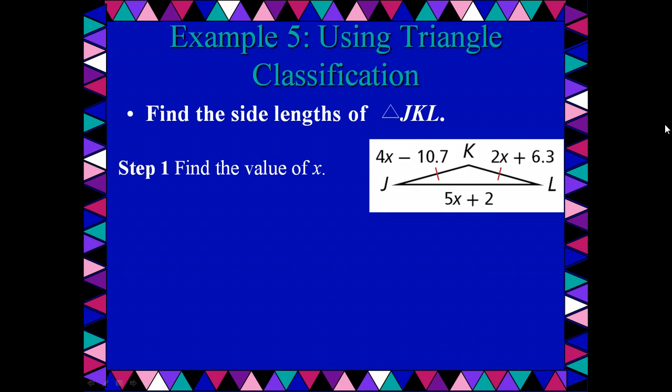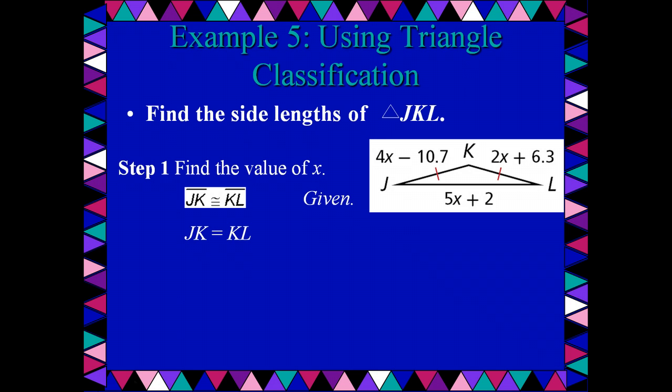Let's use the triangle classification. Find the lengths of triangle JKL, the side lengths. So step 1, let's find the value of x. If we are told that JK and KL are equal, then that means that 4x minus 10.7 is equal to 2x plus 6.3. This is given.